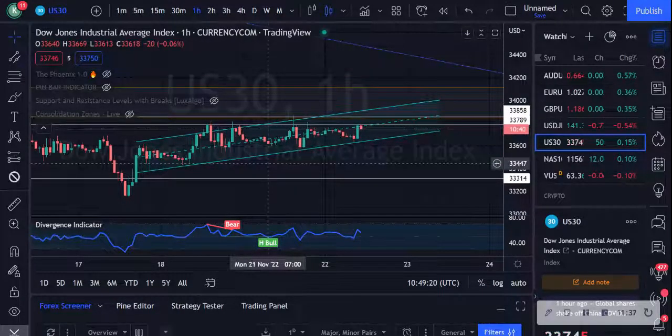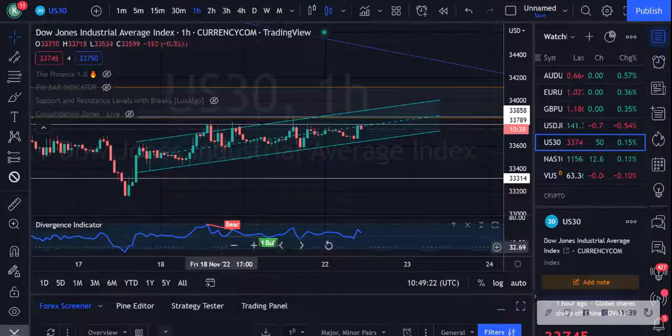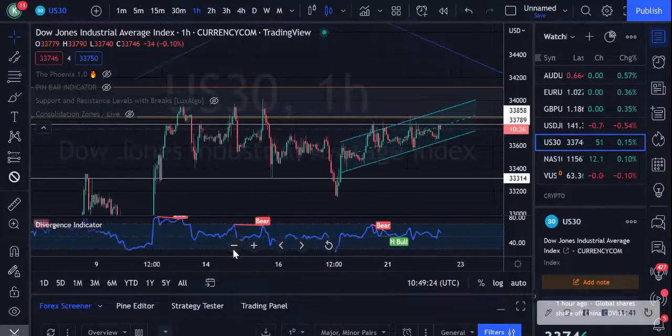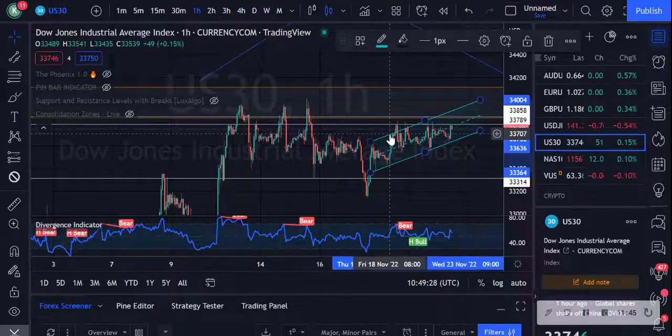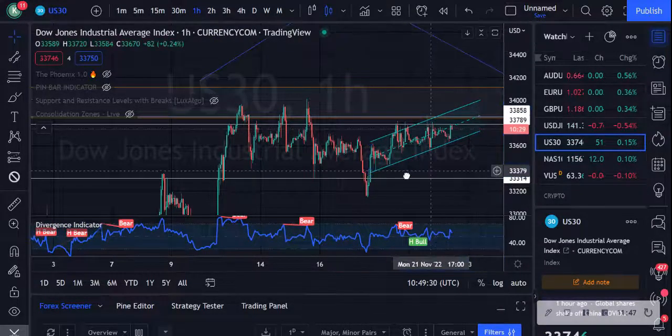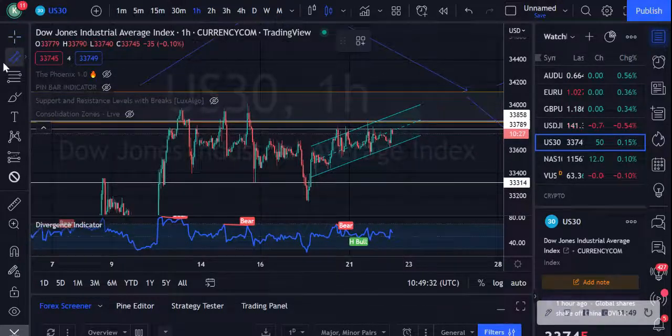Like I've told you guys many times, there are so many ways to take trades. Let's just delete this. I mean, let's just leave it maybe, and then I'll draw another parallel channel. Let's see if we can draw one.